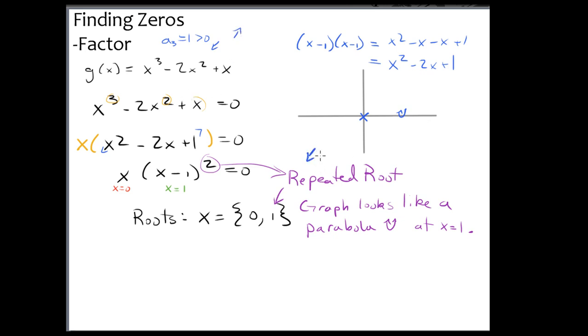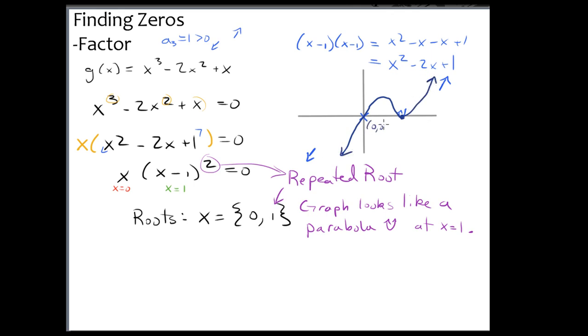So my long-term behavior is something like this. And now I need to connect these dots. I need to start down here. I need to pass through this point. And then I have to go like a parabola over here. So I start down here, I pass through this point, then turn, go like a parabola through that point at 1, and then go on out.